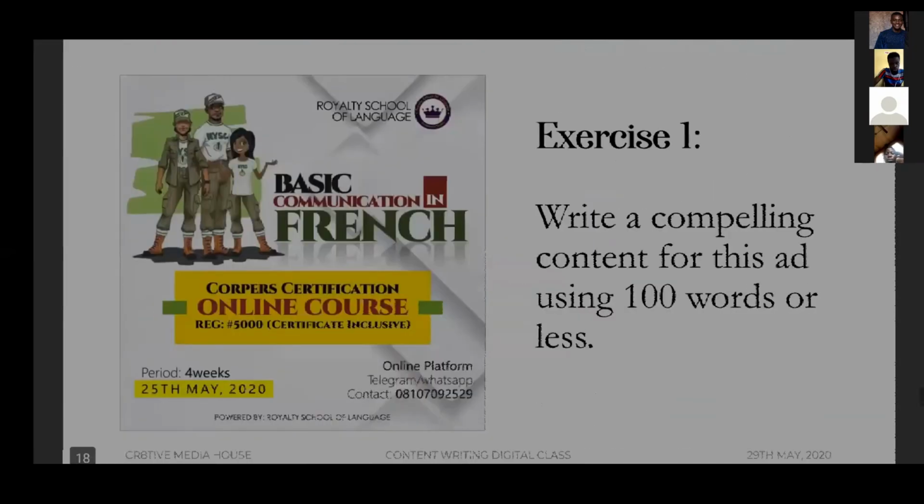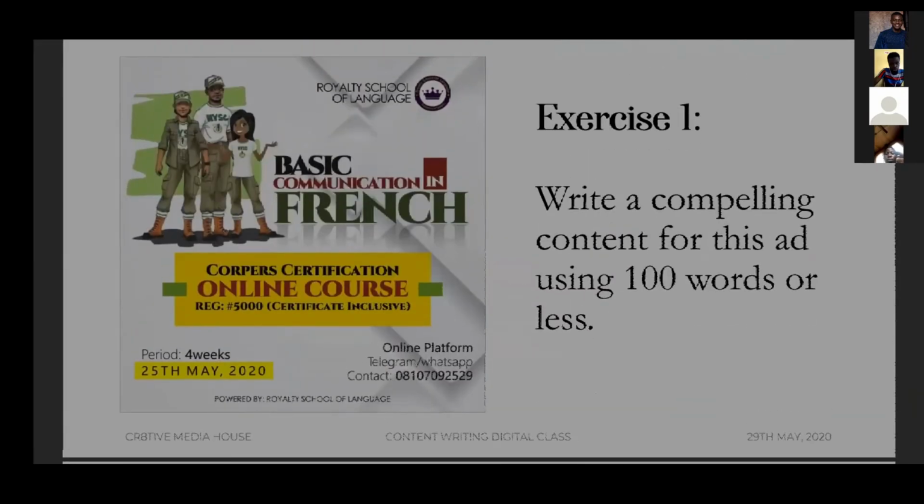Now, next slide here is something I actually wish for us to practice on. Before we do this, let me quickly share something about script writing. In script writing or storytelling, there's what we call the log line.